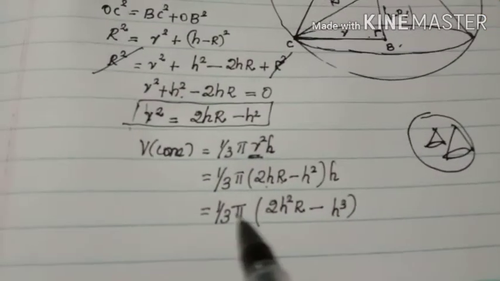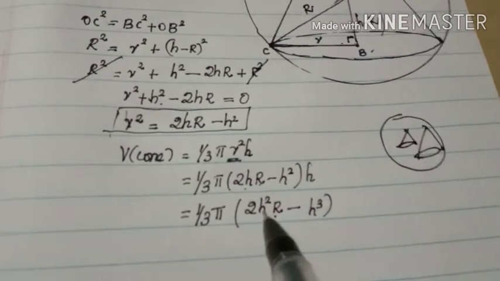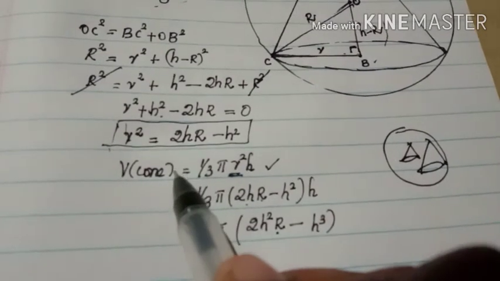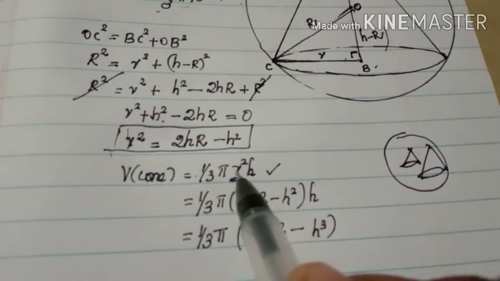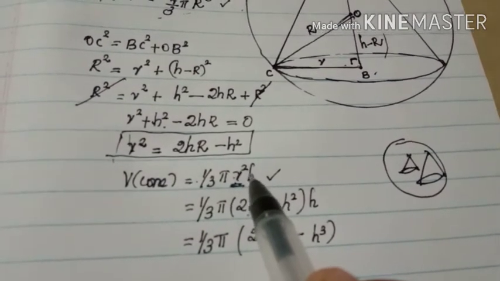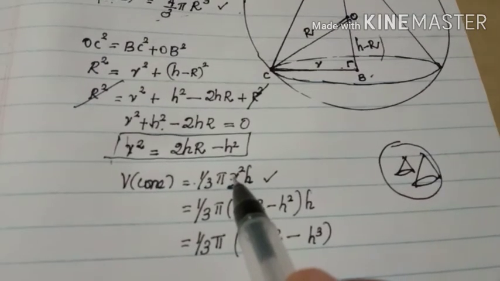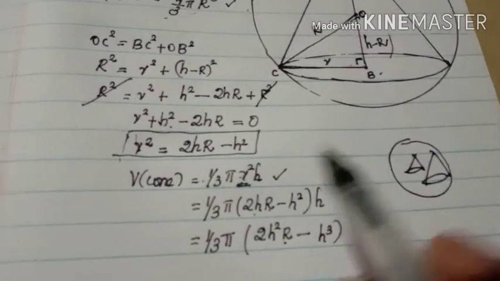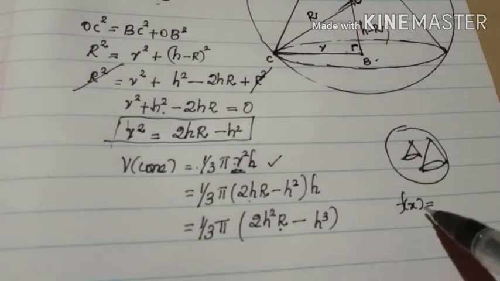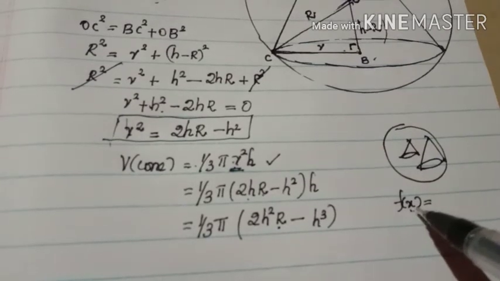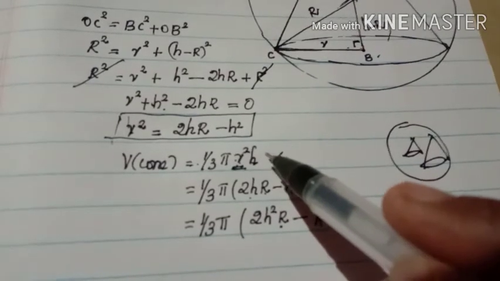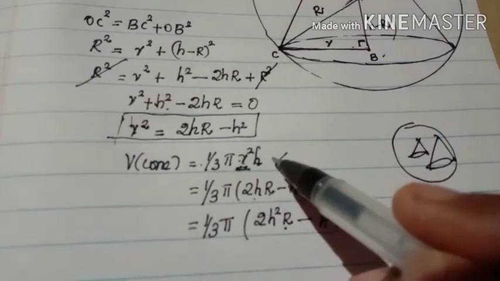Now listen, in this R is constant and h is a variable. If we take this volume of cone directly as a function, you can see that there are two variables, radius and h. Variables means both r and h can take any value. In the case of defining a function, we have to see that there is only one variable. So r and h are two variables, so we can't consider a function as such.